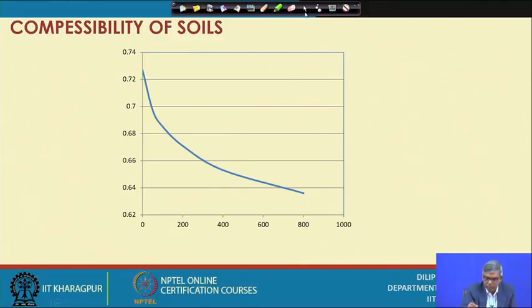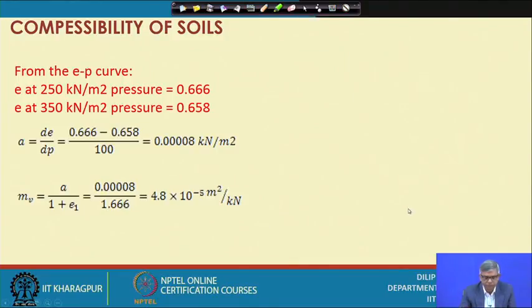So, you can see that from the e-p curve, corresponding to a pressure of 250 kilonewton per meter square, we have got e equal to 0.666, and similarly at 350 kilonewton per meter square, we have got e equal to 0.658.